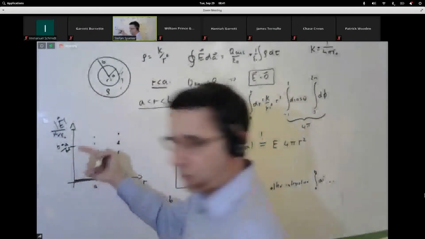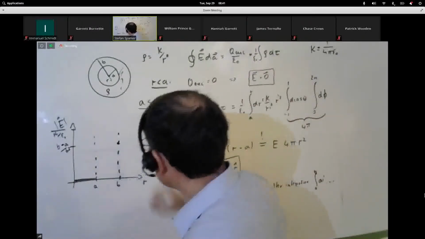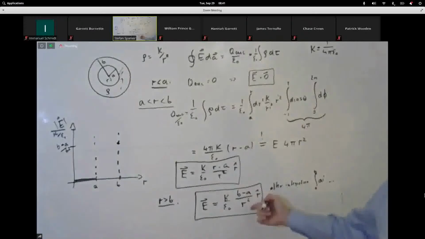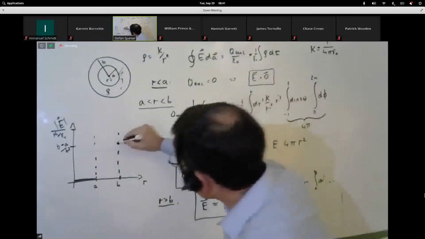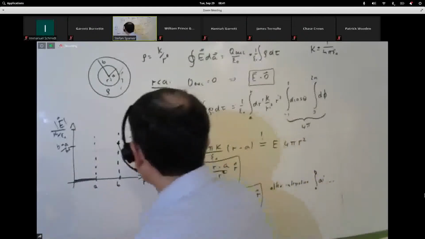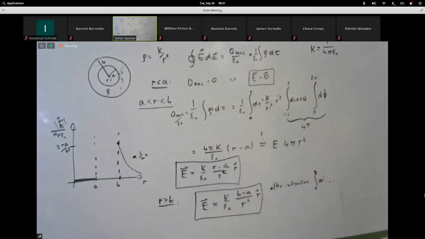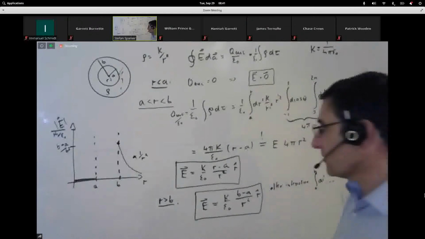This would be to really have the complete discussion of this plot. And this we reach here. Outside, it's just 1 over r square. I may not really get the curve completely right. You may just indicate what you mean here. So this is proportional to 1 over r square.